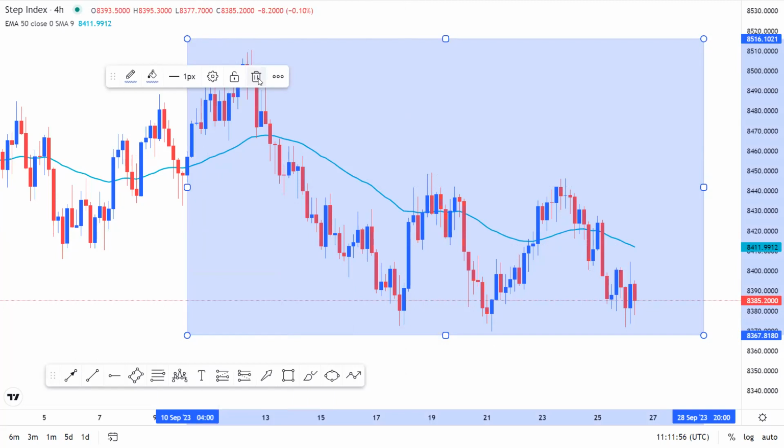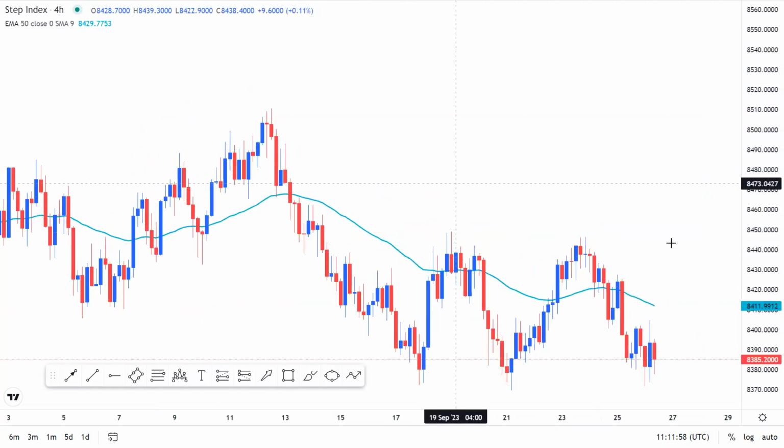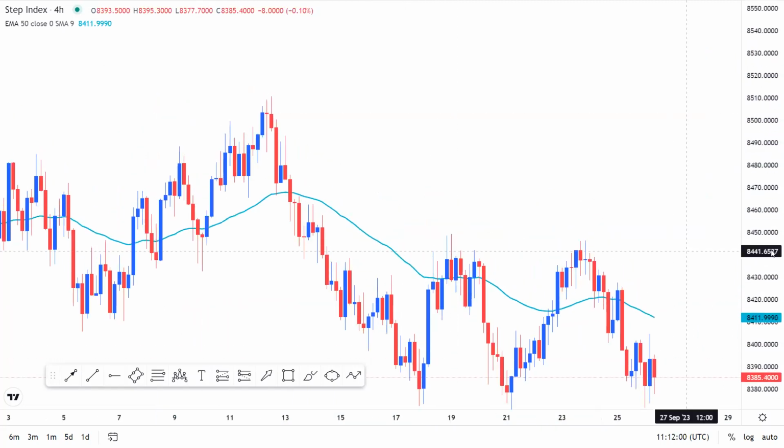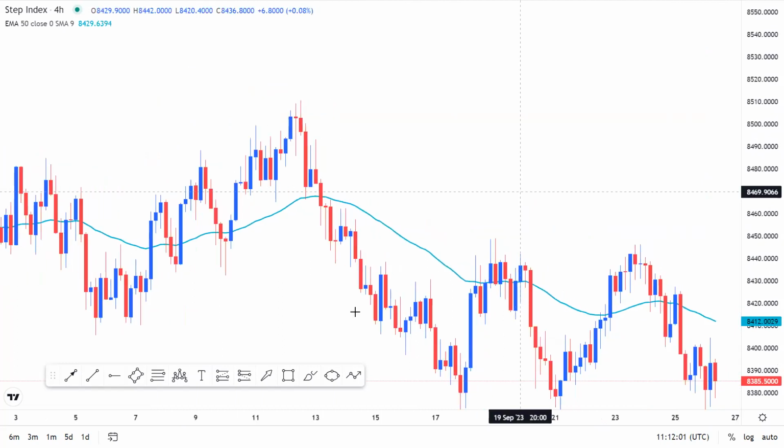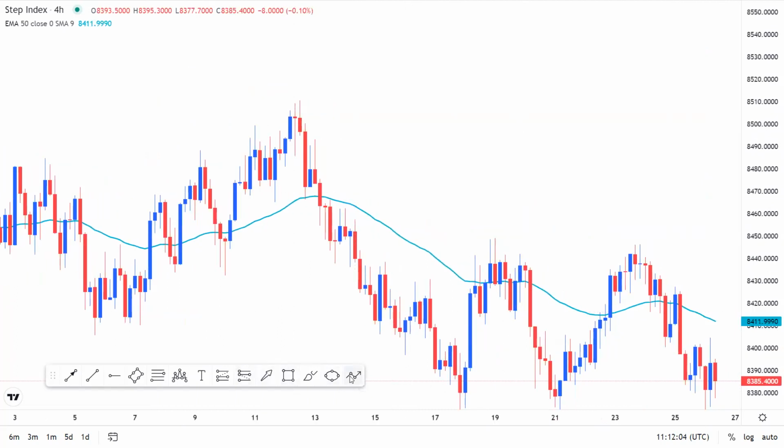So very quickly, the first head and shoulder pattern would be this guy right here. Well, what is a head and shoulder?